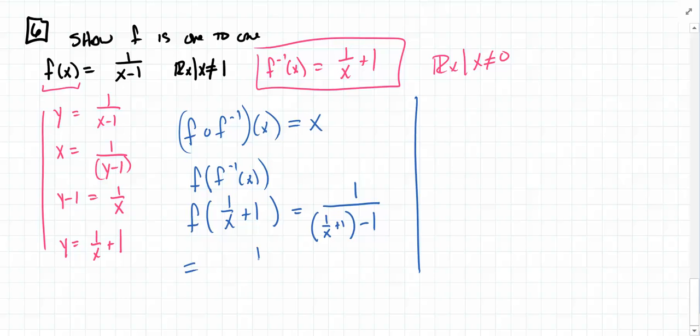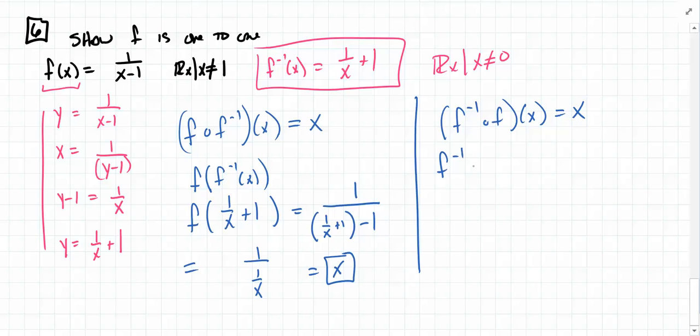I also need to show the other side as well. I have to show f inverse of f of x is also equal to x. So that's what I need to show. So I'm going to do f inverse of 1 over x minus 1. So that's going to be 1 over 1 over x minus 1, and then plus 1 on the outside.